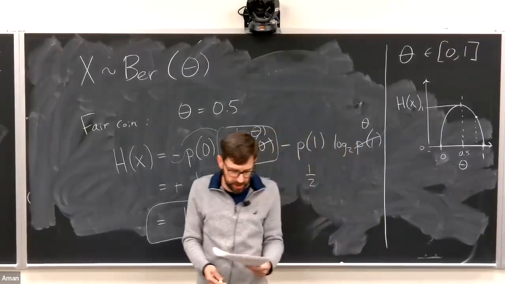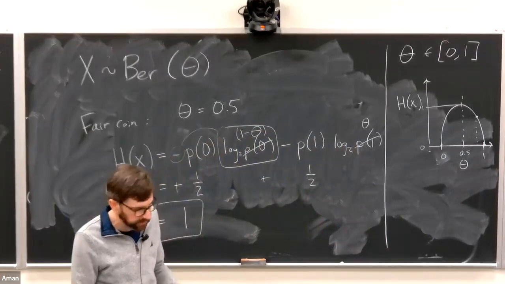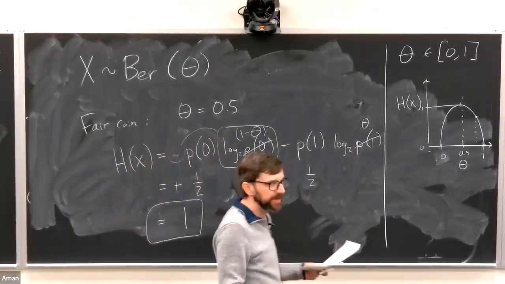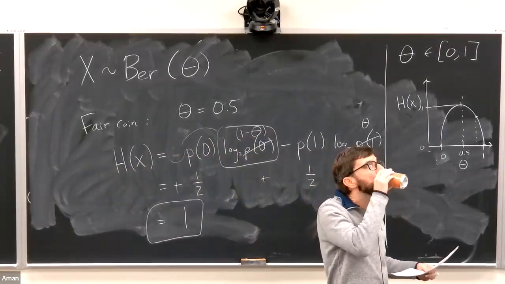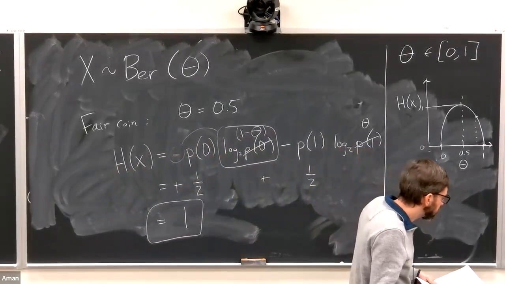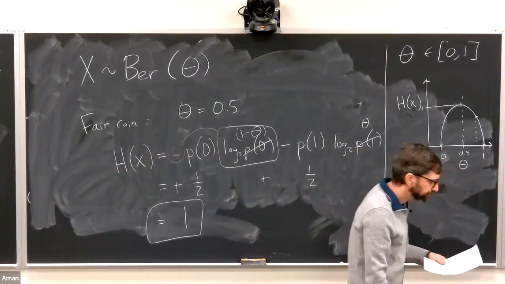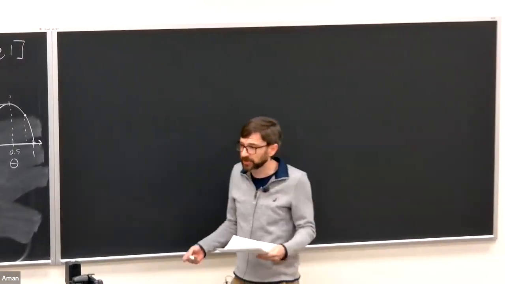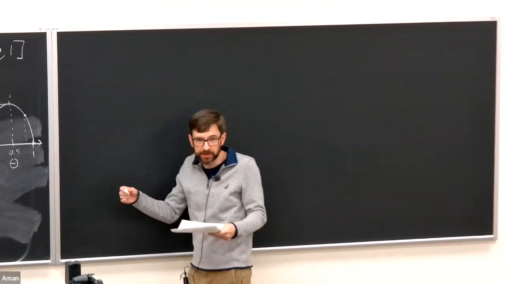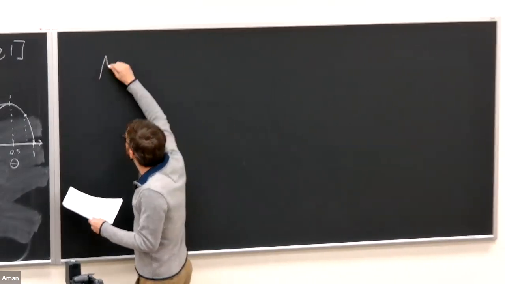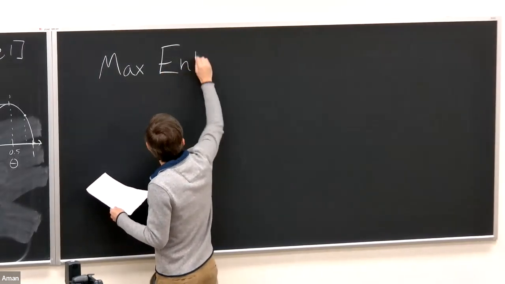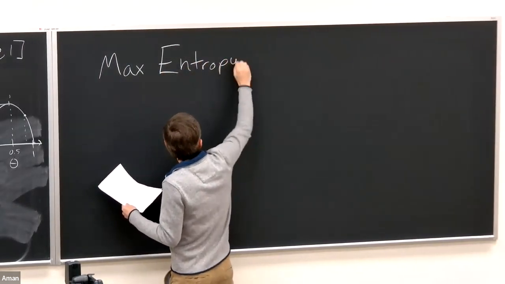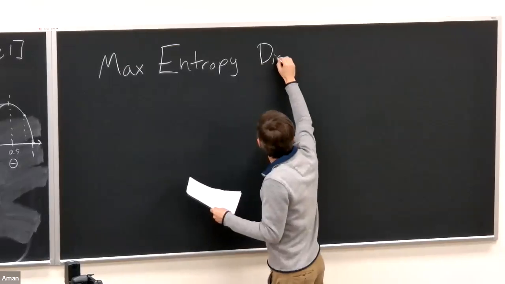Okay, so let me do just one more thing about entropy to again give us a little bit of a feel for what it's doing in probability distributions. And also, I should say, another application of it in probabilistic modeling and machine learning. So there's this idea of what's called maximum entropy distributions.